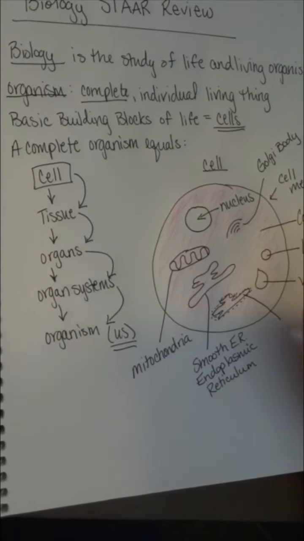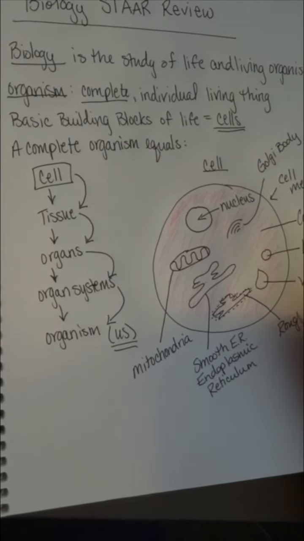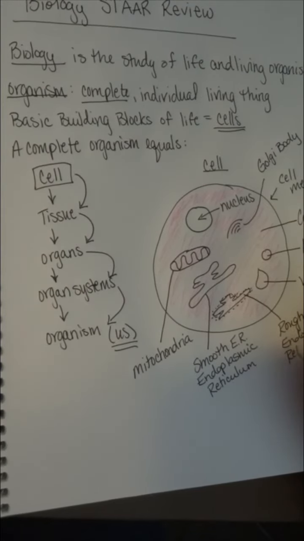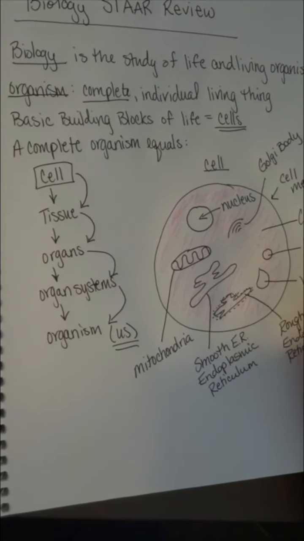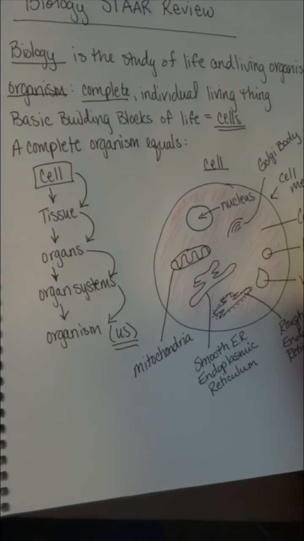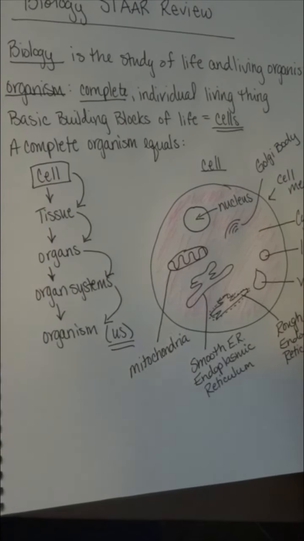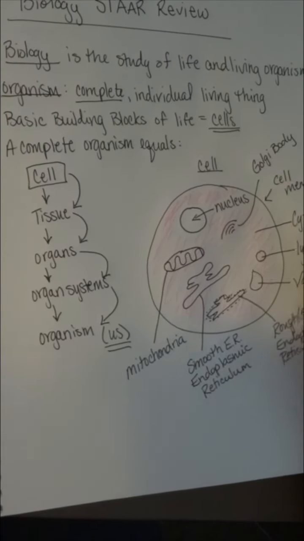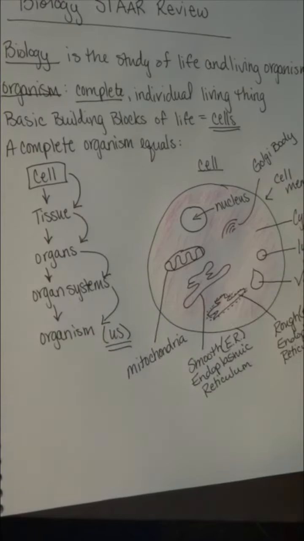Here we have our rough endoplasmic reticulum. And as you can see, that's why a lot of people call these our rough ER or RER, just because this is a really complicated word, and it's long and it takes up a lot of space, so we abbreviate.